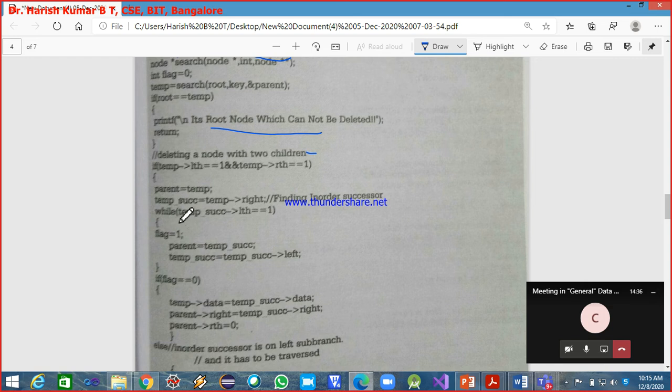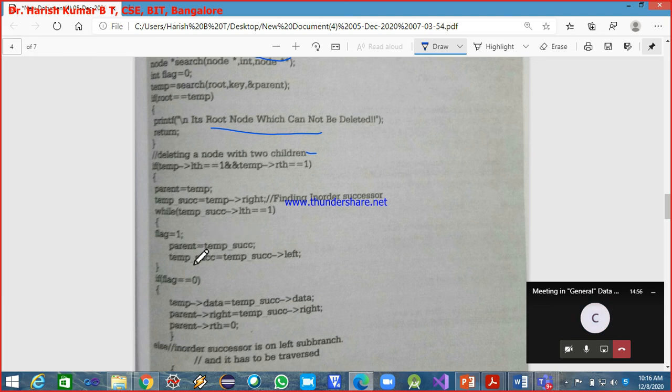And then I'm again checking, while temp successor, whether it has the left child. If it has the left child, I make flag as 1 and parent is equal to temp successor.